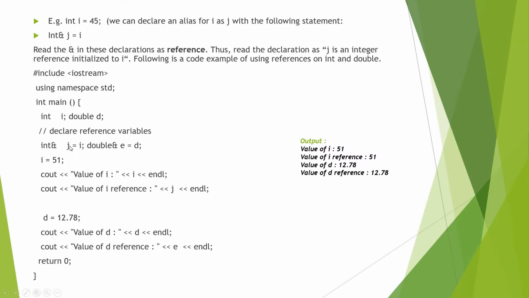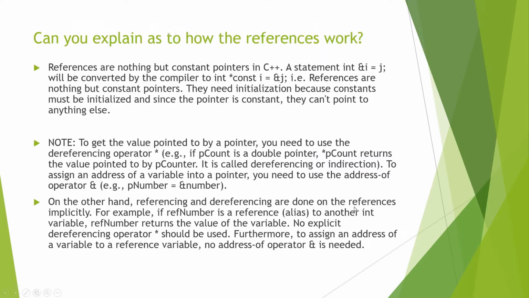So we write int &j = i and double &e = d, which means that j is a reference variable of integer type, which is an alias of i, and similarly e is an alias of d. Both are of double type. Then we initialize i with 51, and we find with this cout statement that the value of i is 51, and the value of i's reference, which is j, is also 51. Similarly, d and its reference have the same value.